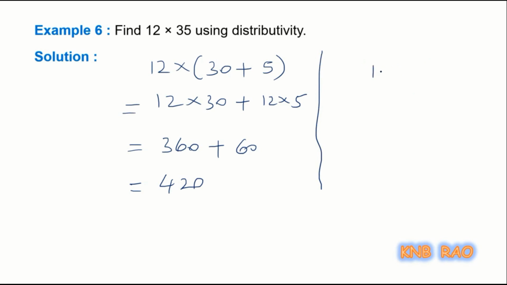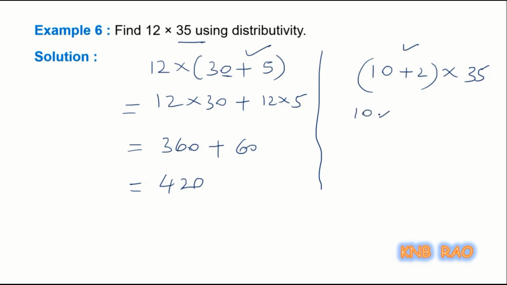How can we do it? 10 plus 2 into 35. Here, whereas 35 I have written as a sum of 2 numbers, 30 and 5, we prefer ending with the digits. So 35 I have written as 30 plus 5, whereas in this case I have written 12 as 10 plus 2.